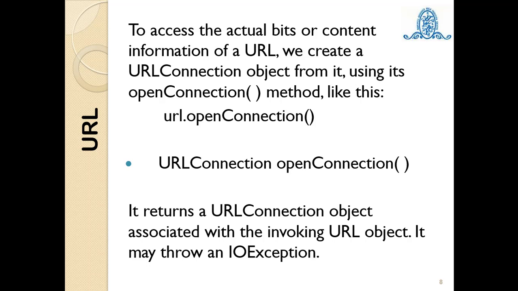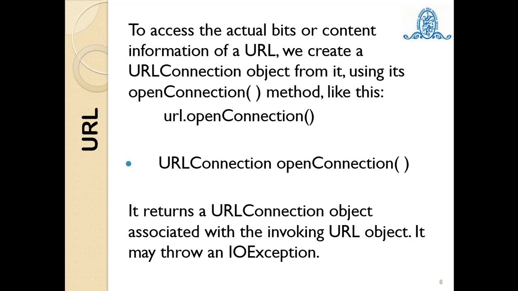Now to access the contents of the URL, which information is available in the URL, we can create a URLConnection object, and this object can be created by using the openConnection method of the URL class. We can use this method as URLConnection openConnection.